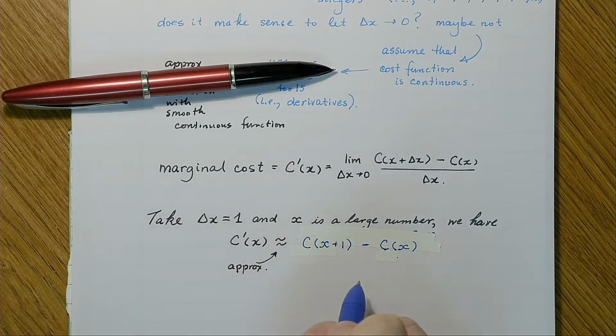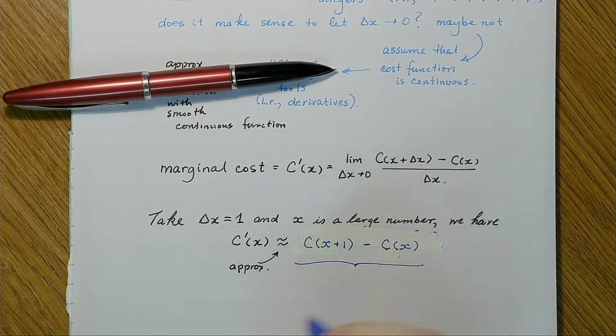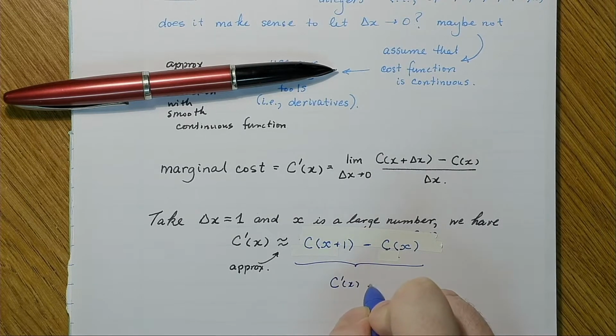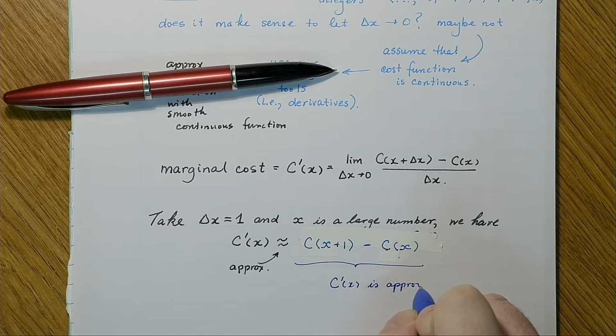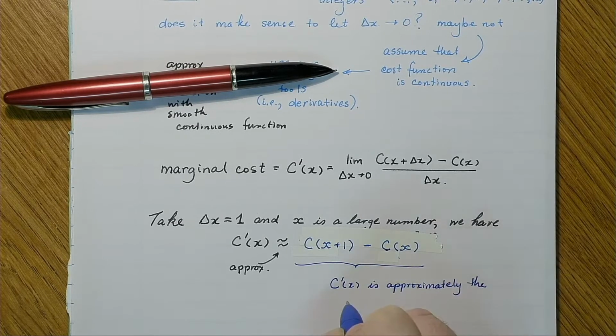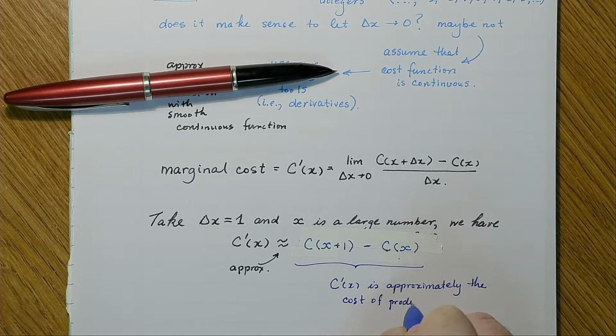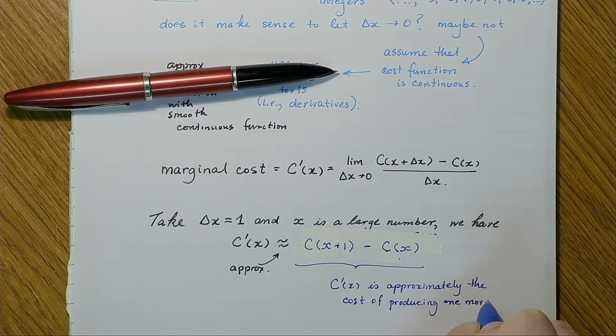And so what this approximation is saying is that c prime of x is approximately the cost of producing one more unit.